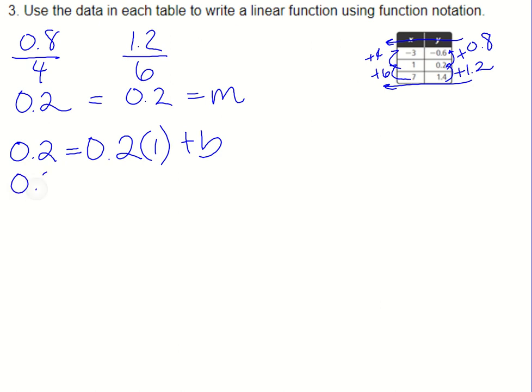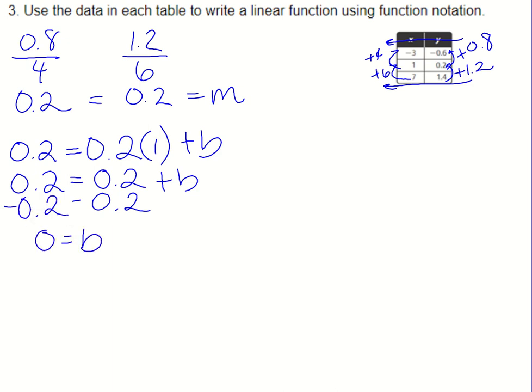And so I get 0.2 equals 0.2 plus b, minus my 0.2. That's inverse operations. We get 0 equals b. And so we would say function of x, f of x equals 0.2x, and you do not need to put plus 0.